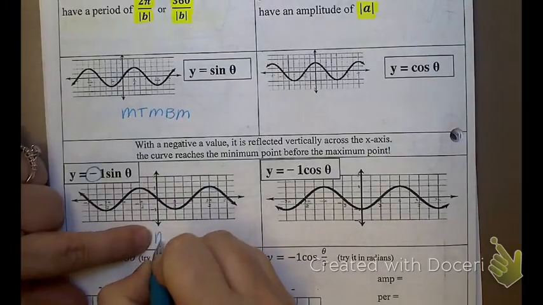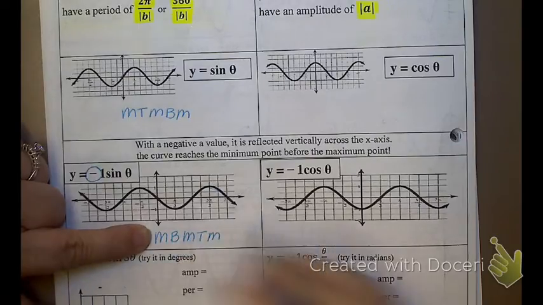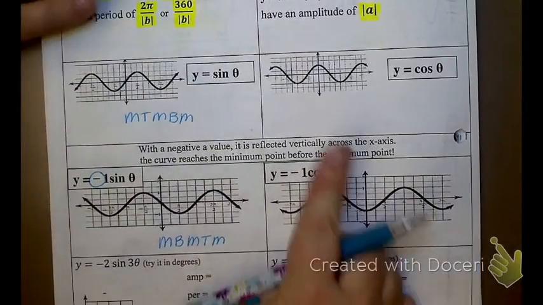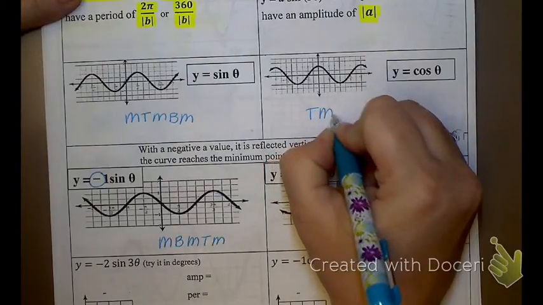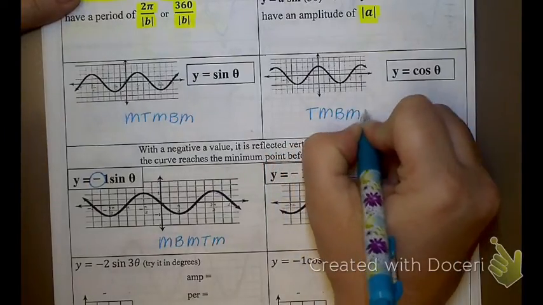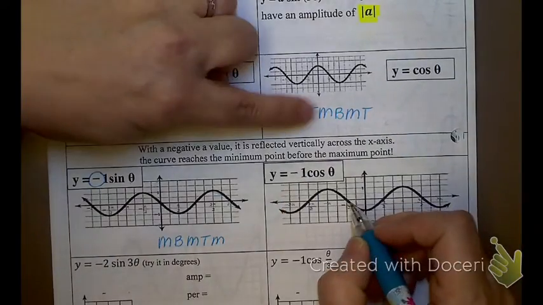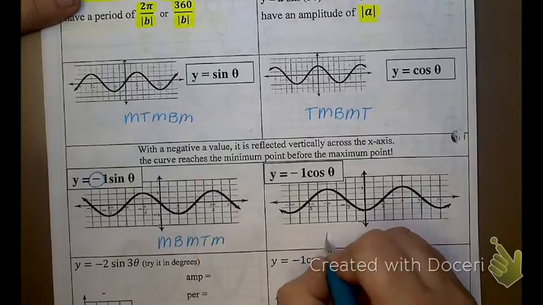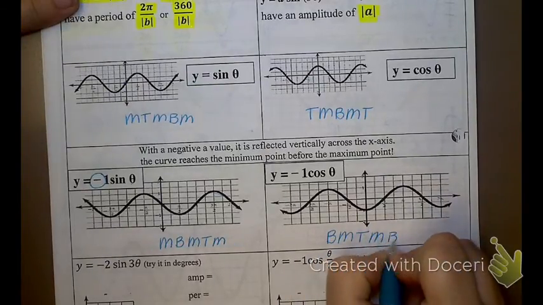So this would be middle, bottom, middle, top, middle to make an entire period. Same thing with the cosine. If it was top, middle, bottom, middle, top, and then we make our amplitude negative, the tops become bottoms, the bottoms become tops. So it would be bottom, middle, top, middle, bottom.